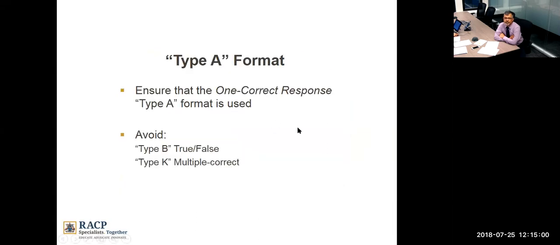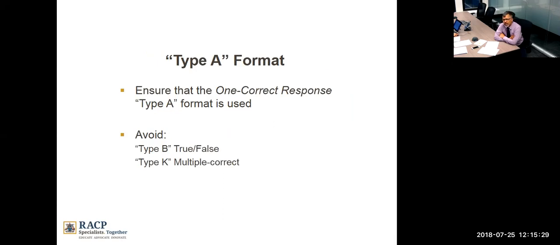Next, please. In the type A format, we want to make sure that we have one correct response. Multiple choice questions that aren't in the type A format include type B, which is true or false, and type K, where you have 4 options and it says 1 and 2, or 1 and 3, or 2 and 3. It's much more complicated.